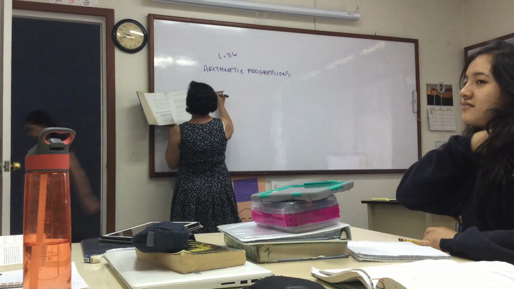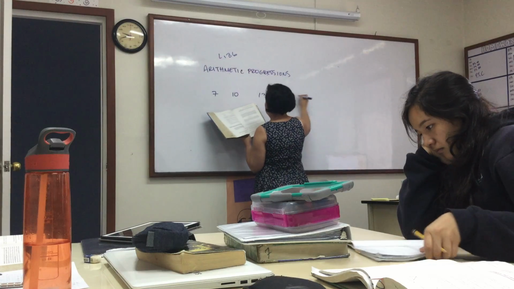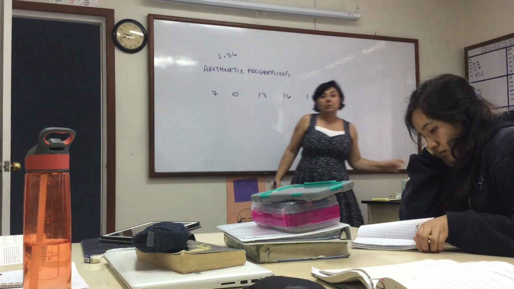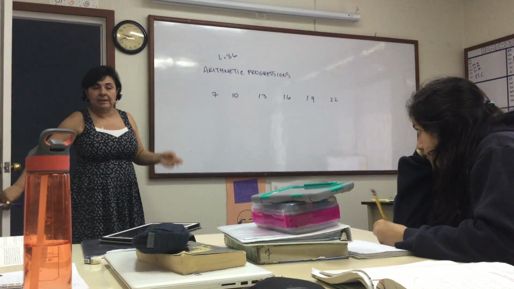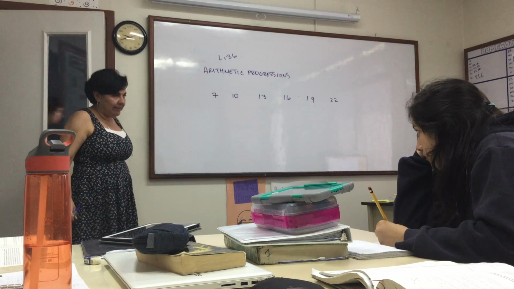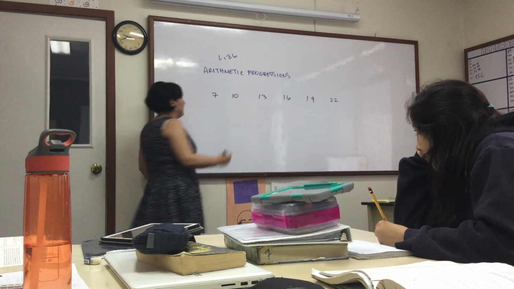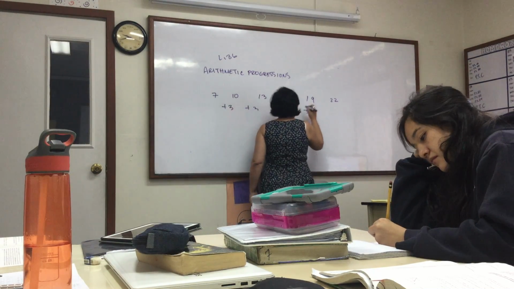So, if we have 7, 10, 13, 16, 19, 22, we know because they have a specific order, they go from least to greatest, that there is a pattern there. What is the pattern? You add 3 every time, right? Plus 3, plus 3, plus 3, plus 3.